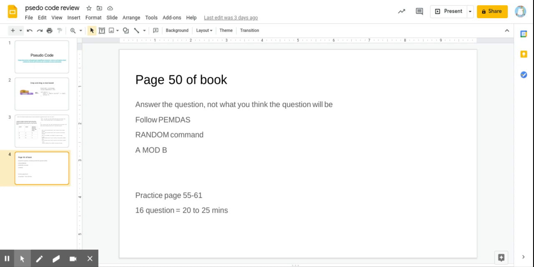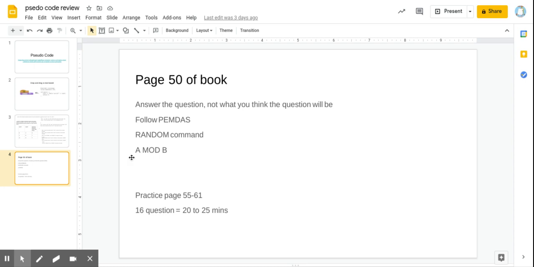You don't care how many whole, if I had, let's say, 15 pieces of cake, and I'm going to split up the 15 pieces of cake amongst 2 people. It's not really important that I have 7 pieces per person. It's that we have the one left over. So if I had something like 17 mod 2, for 17 pieces and I'm splitting them up amongst 2 people, the answer would be 1 because I would have 1 item left over. So we're focusing on the leftover parts when you're thinking of mods.